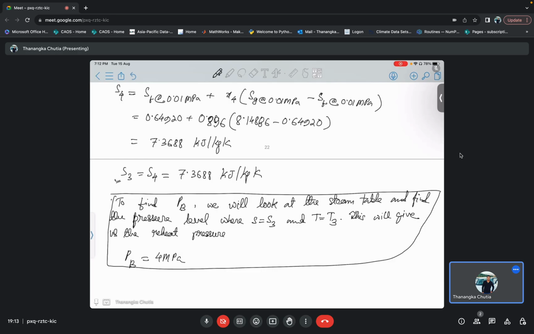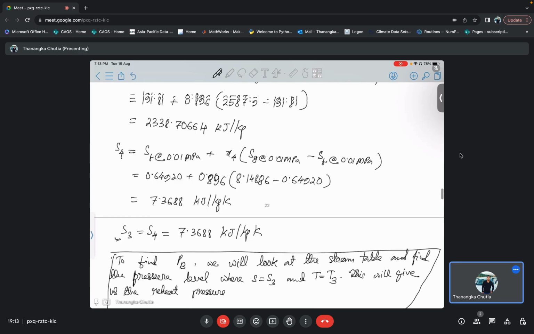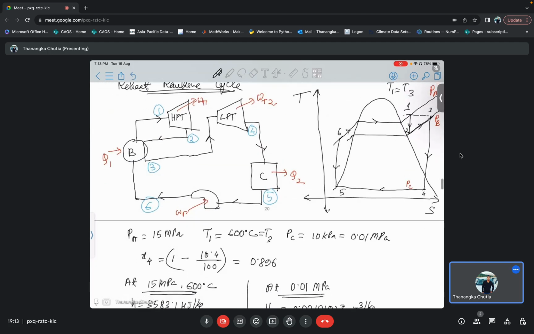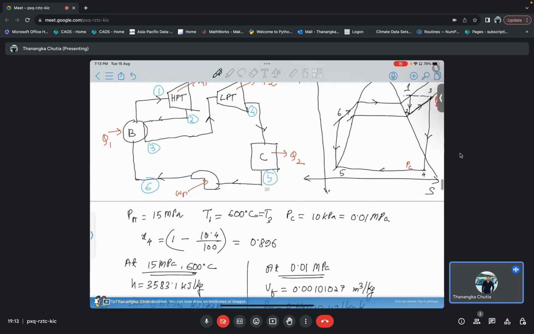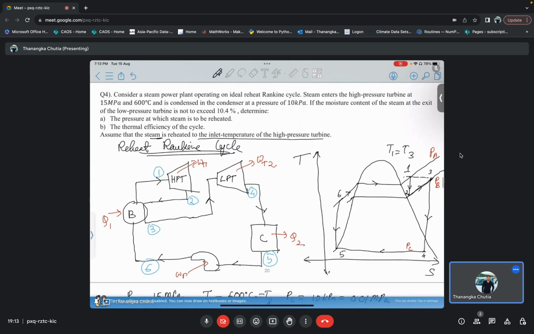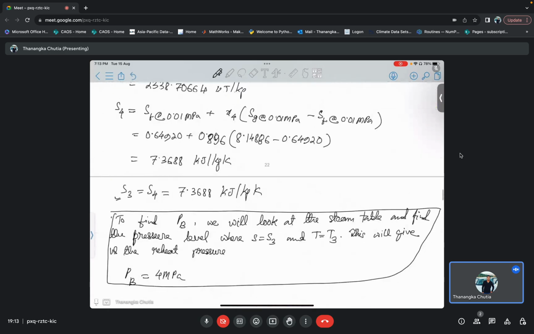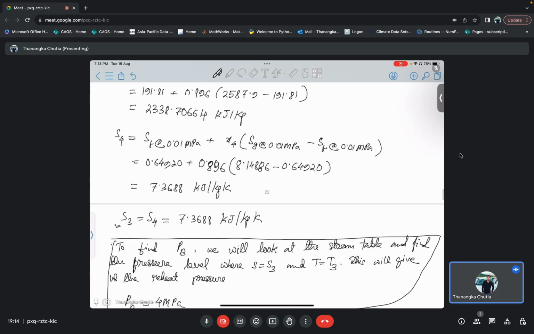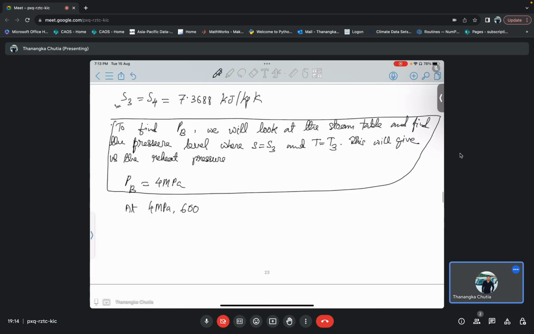Therefore, at point 3 now I have these values, that is 4 megapascal. So at 4 megapascal, the temperature is 600 degrees Celsius.